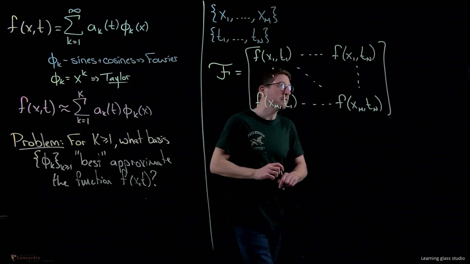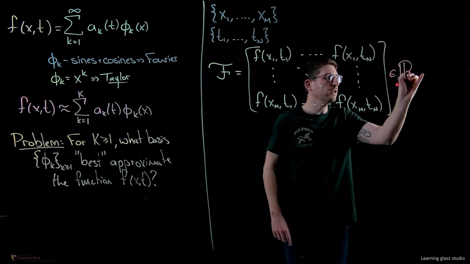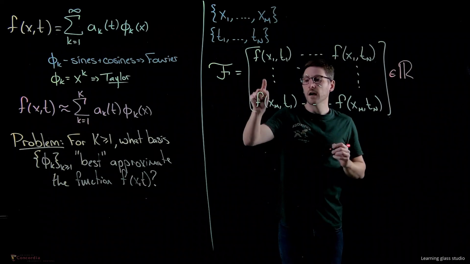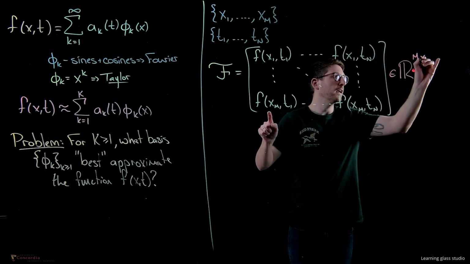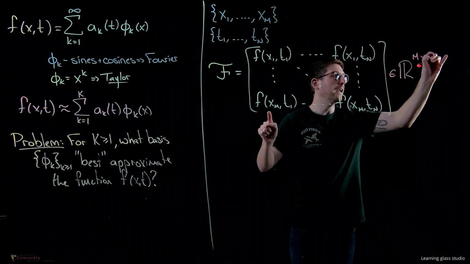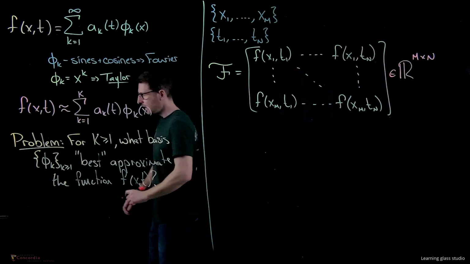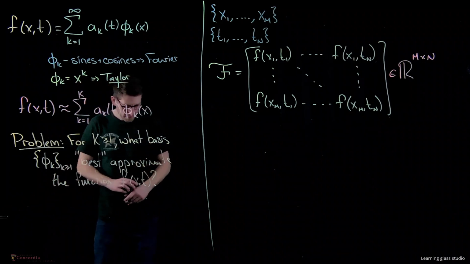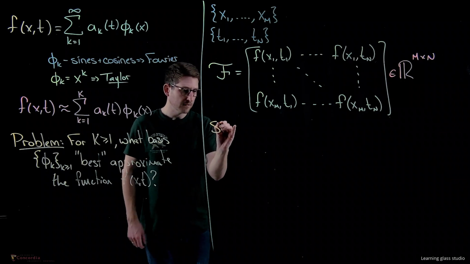If we take a little bit of accounting here, you can see that this thing, let's imagine it's going to be a real valued matrix. It's got m rows, one for each spatial point, and n columns, one for each temporal point. And so here's what we want to do. We want to take the SVD of this thing.